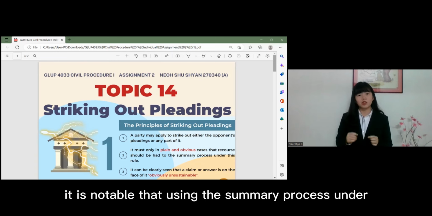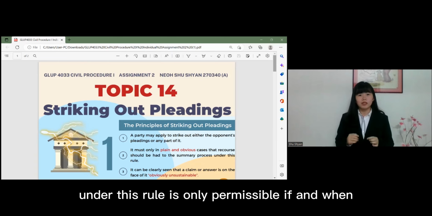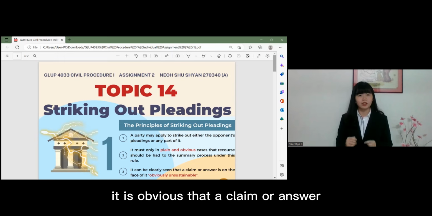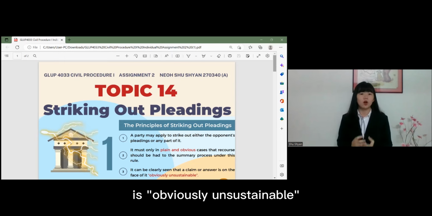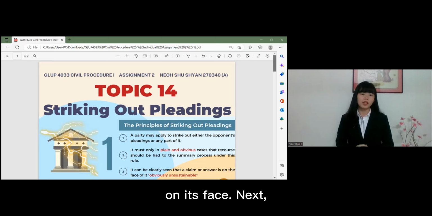Hence, it is notable that using the summary process under this rule is only permissible if and when it is obvious that a claim or answer is obviously unsustainable on its face.